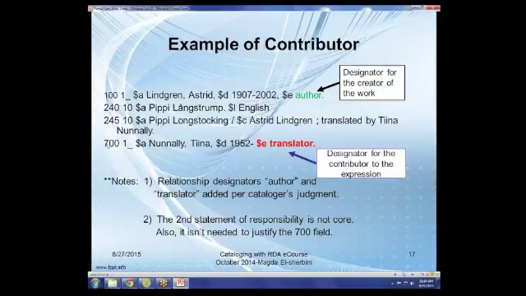And there was a pre-existing MARC field 700 for additional authors or contributors, and that's the one that we use. So yeah, relationship designators, the word author and the word translator, are added at your own judgment, your own discretion. If they're there in a record you're importing, leave them there. But again, you are not required to go back and add them to records that lack them.